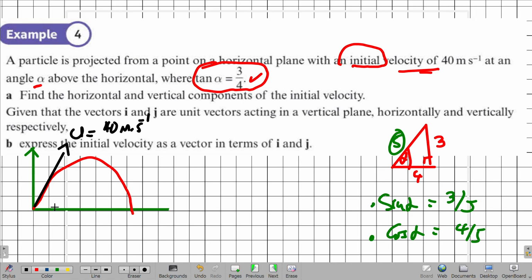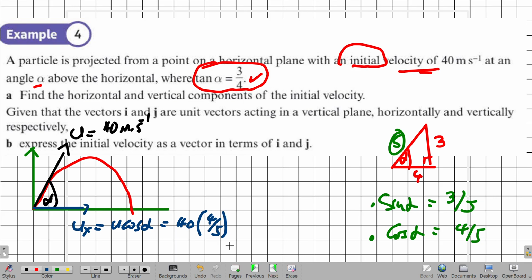Since this angle is alpha, we can say the horizontal component, let me put it in a different color, is in this direction, and I'm going to write it as ux equal to u cos alpha, which is 40 times cos alpha, which is 4 over 5.